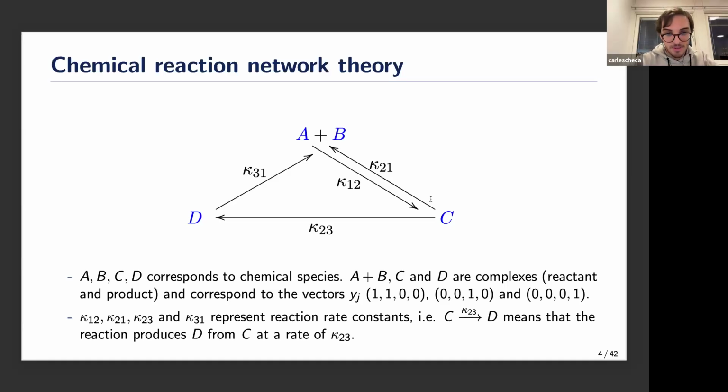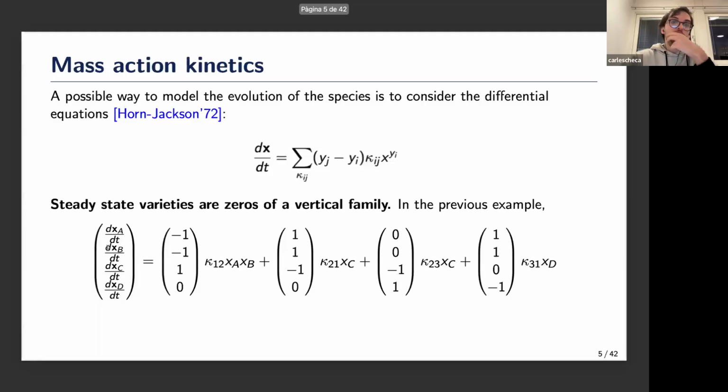And each reaction happens at a certain rate constant that we model by the kappas that appeared before. These kappas will be positive values, and the typical model for the evolution of the concentration of each species is mass action kinetics, which gives some differential equations whose steady states are precisely zeros over a certain vertically parameterized family, where the parameters are the rate constants. Okay.